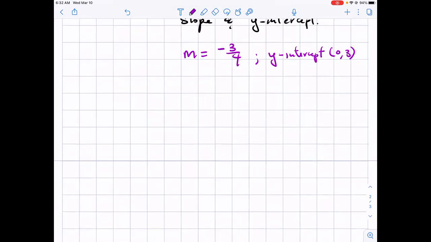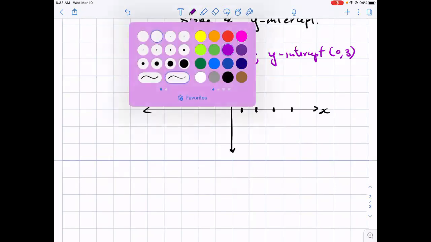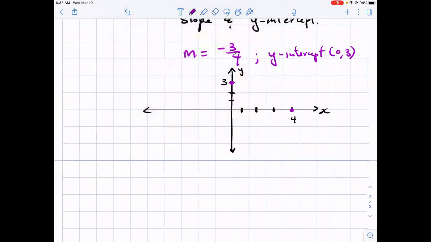So if I graph this, since my slope is negative, I know that my line is going to be going this way.